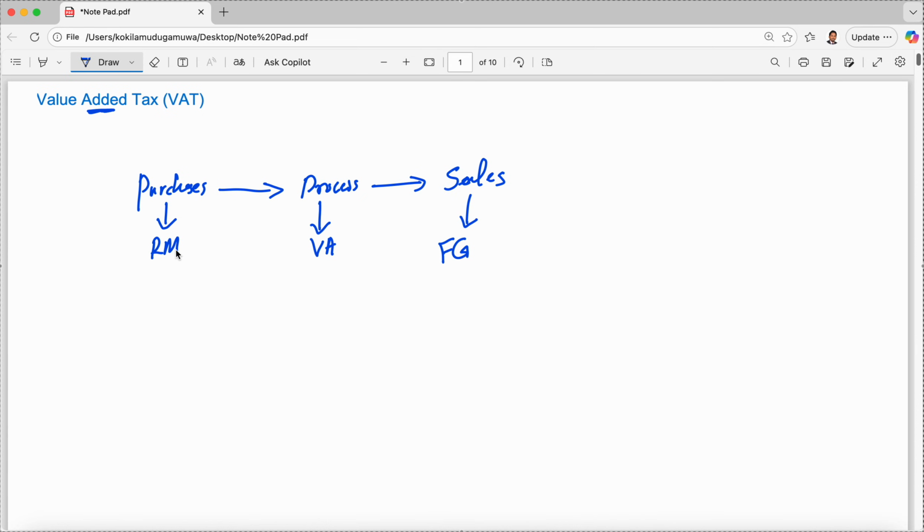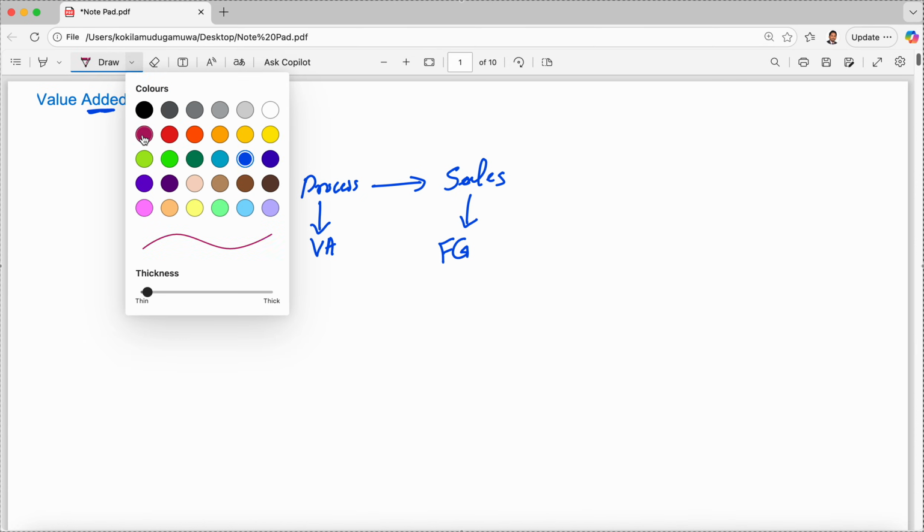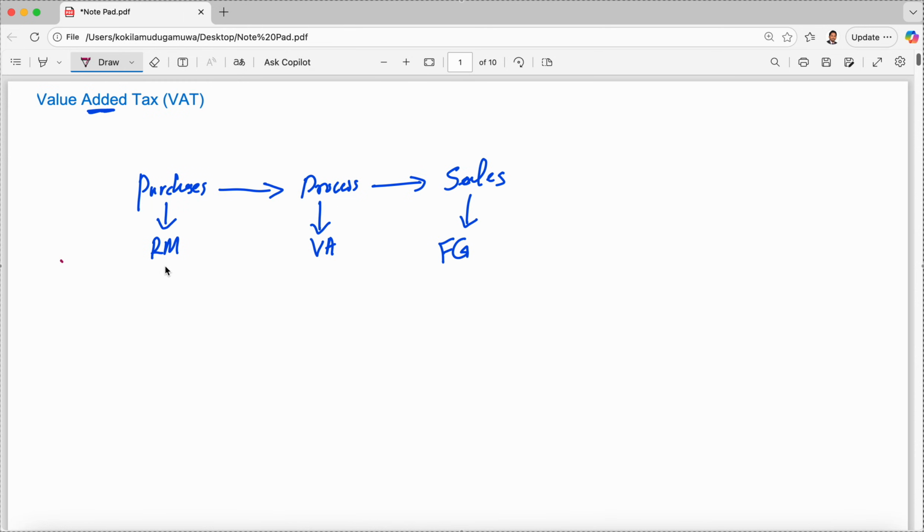So here, these are your raw materials, these are your inputs, and this is the process and this is the output, right?